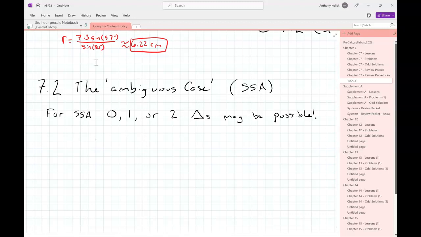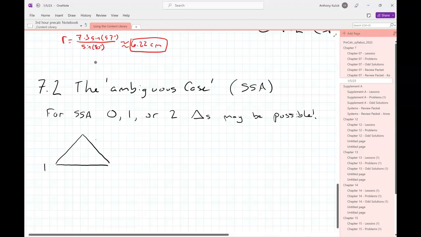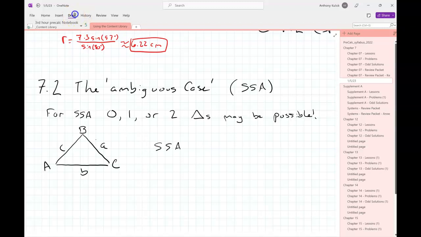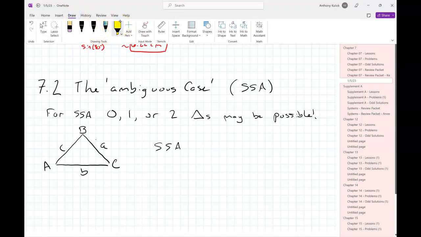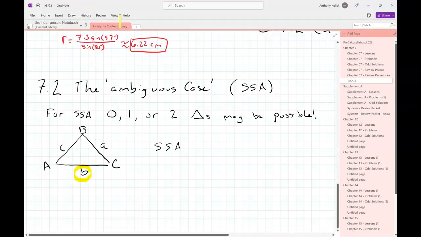Okay, so let's just say we have our triangle here, ABC. If I have an SSA situation, I'd have something like this side, and this angle, right?